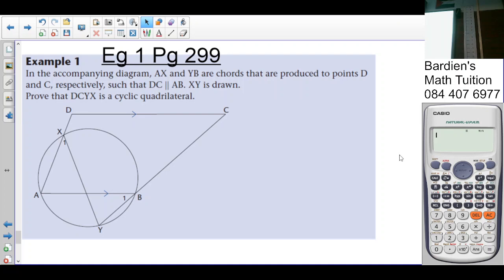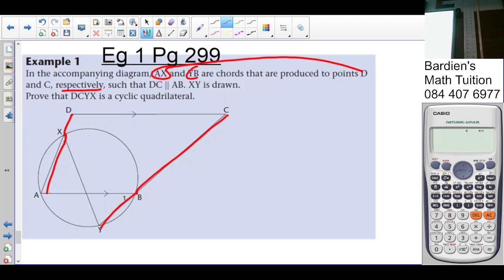Okay. We are told that in the accompanying diagram, AX, which is this line here, and YB are chords that are produced to point D and point C, respectively. Respectively means to say AX is linked to D and YB is linked to C, in that order, such that DC is parallel to AB.